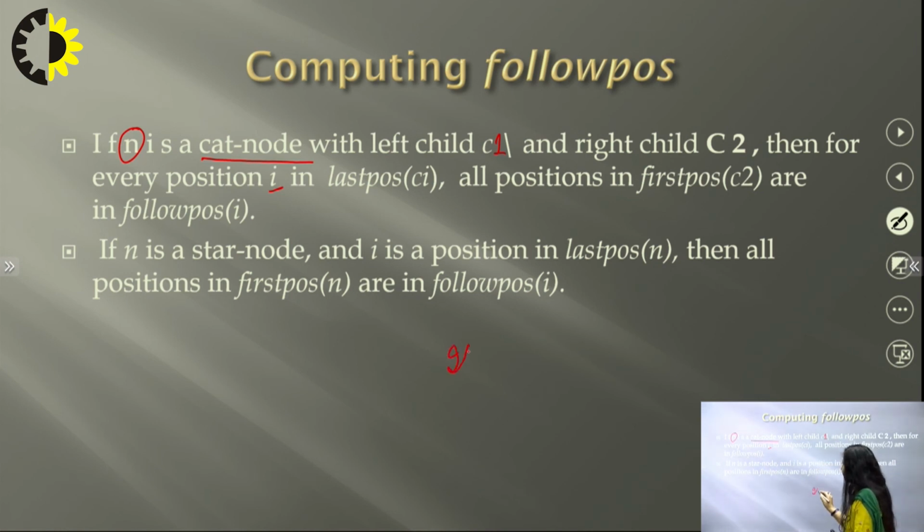If the node is a concatenation symbol, then we have to add the firstpos of C2 to the followpos of the lastpos of C1.